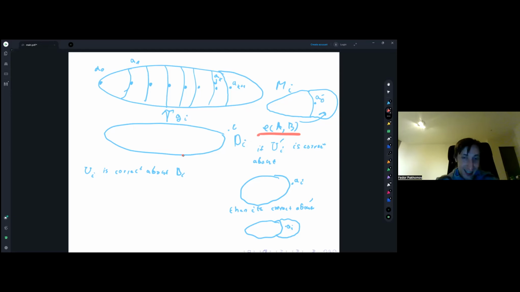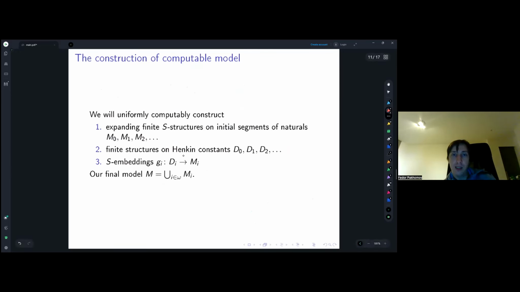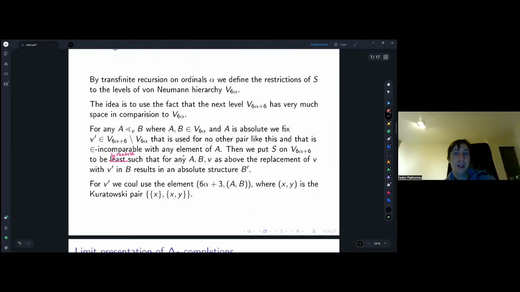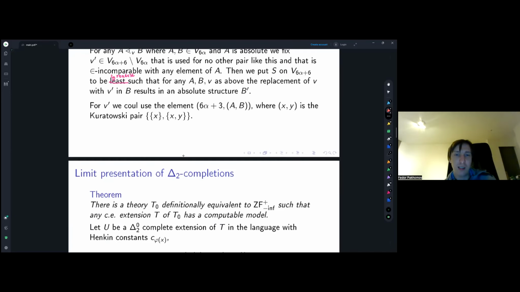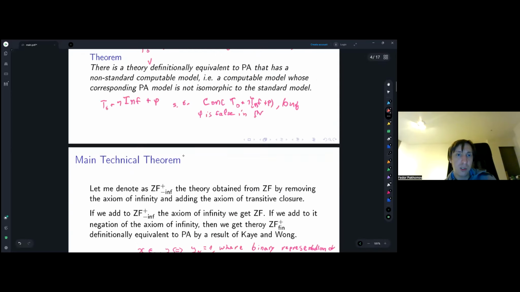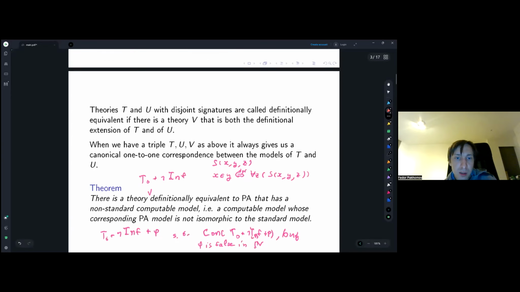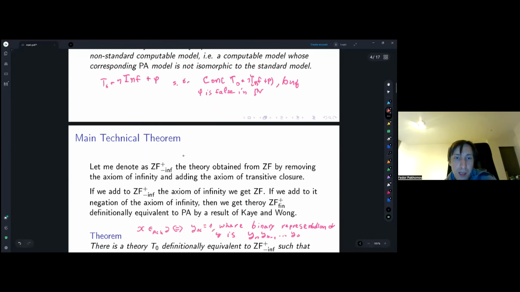So let me give some closing remarks about what was actually achieved. First of all, the construction gives a bit more. By slightly modifying the construction, we can do more.